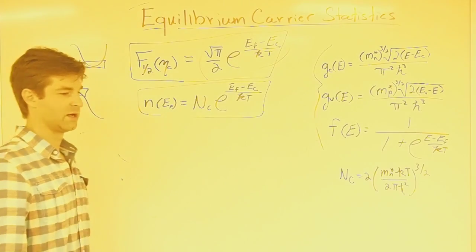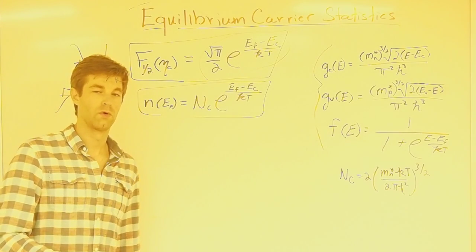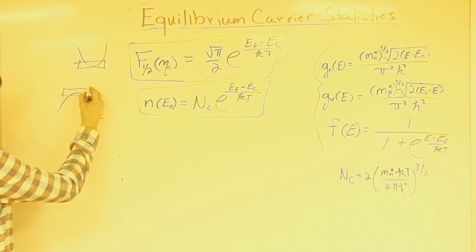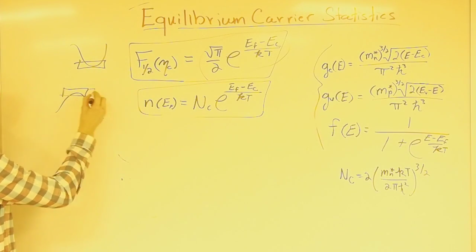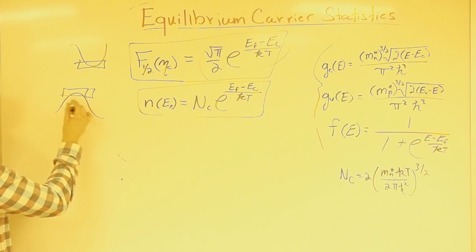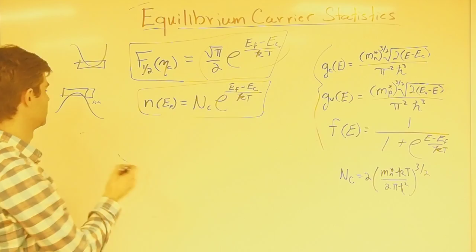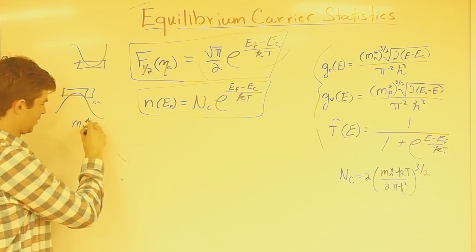And similarly, I'm not going to go through the whole derivation for holes, but you can do the same thing with holes. This is the valence band, which is where the holes are. We consider the heavy hole valence band, right? And we just call that m_p star.